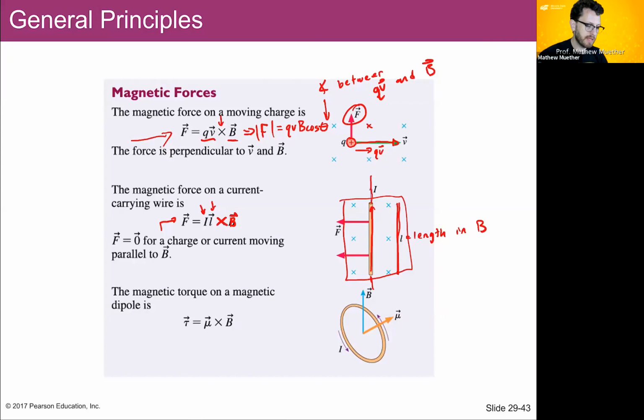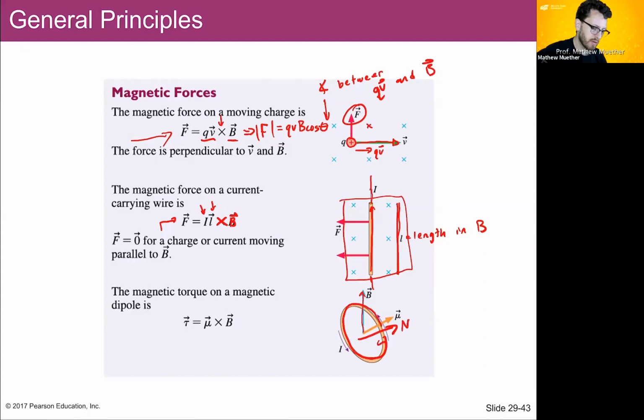That means also if I have a current-carrying loop, we know that if the current circulates in this direction, it wants to generate a magnetic field that has a north side pointing in this direction, from the right-hand rule. If I put that in an external magnetic field that points in this direction, the loop gains a torque.